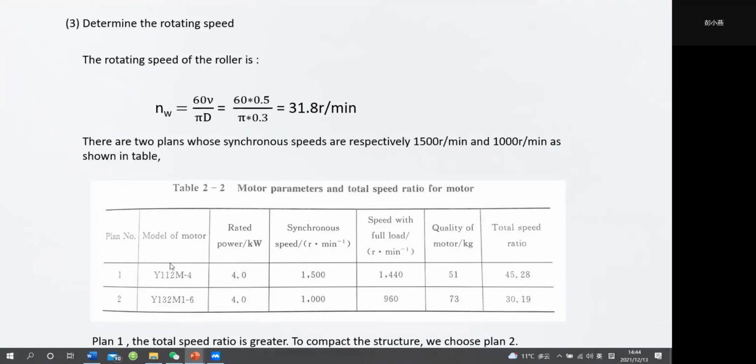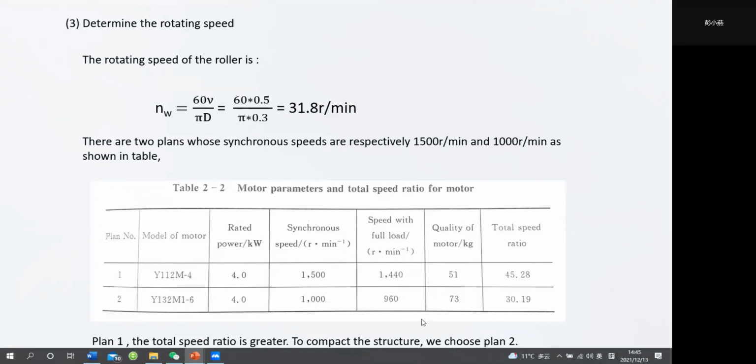For this type, it's 1,440 divided by the speed of the roller, 31.8. So the total speed ratio is 45.28.